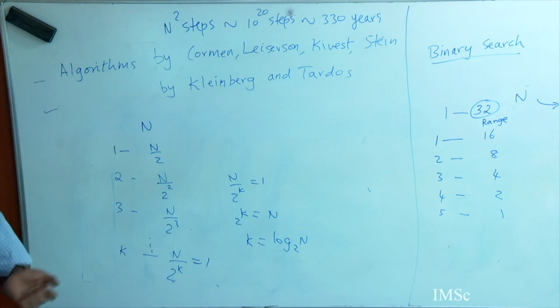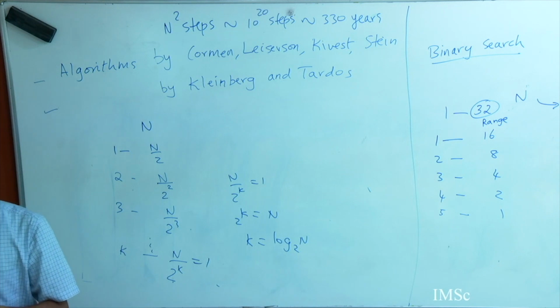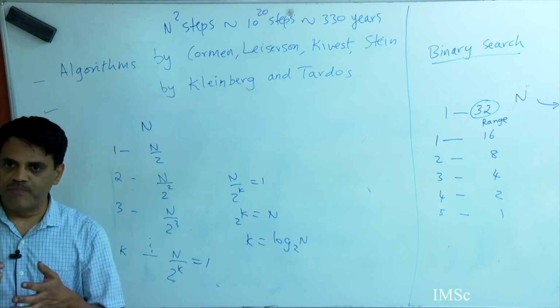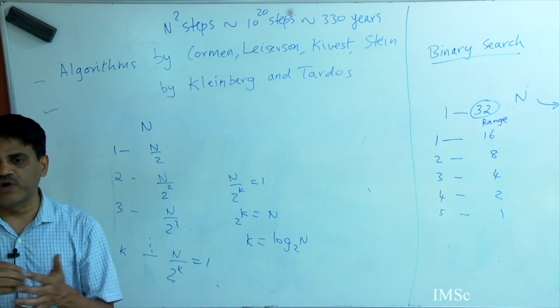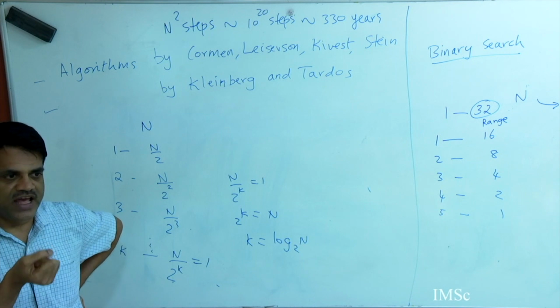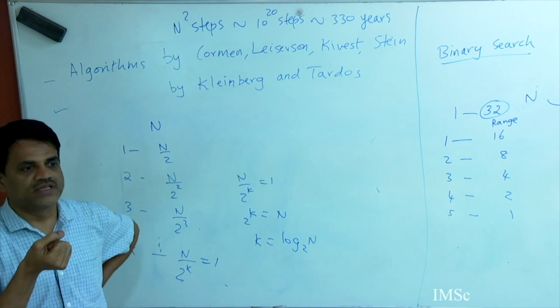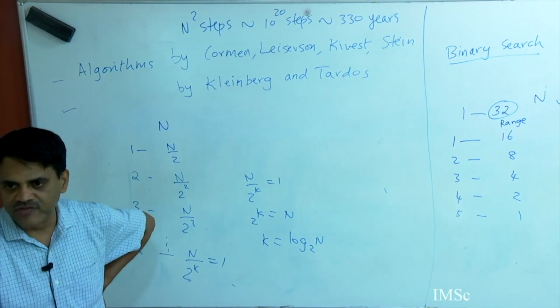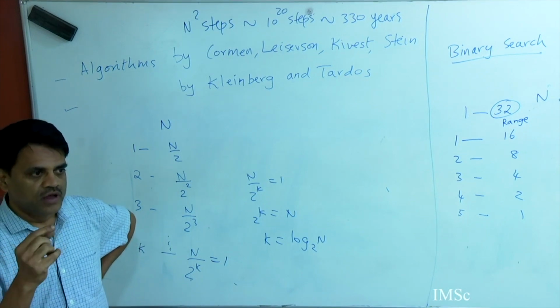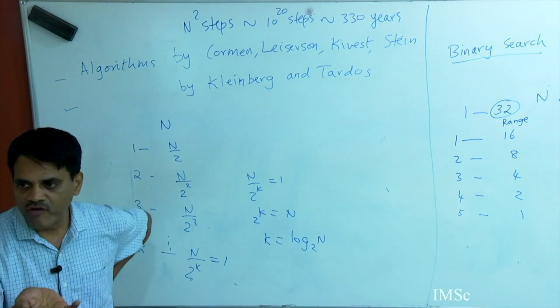So in other words, log n is essentially the number of powers of 2 in your n. How many powers of 2 are there in n? That's what is denoted by log n. This is exactly the definition of log n. What is the highest power of 2 you have in n?